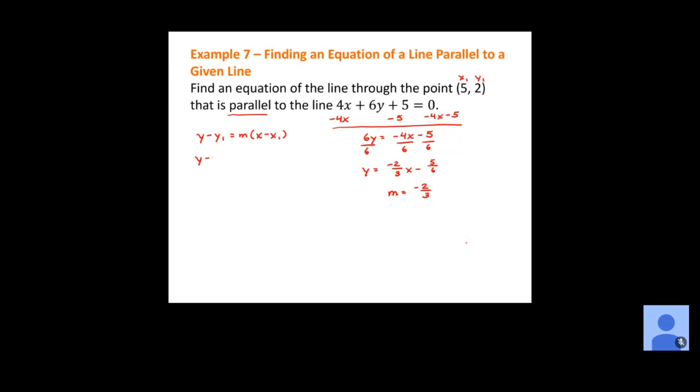Okay, y - 2, good, equals -2/3 is our slope, times (x - 5).